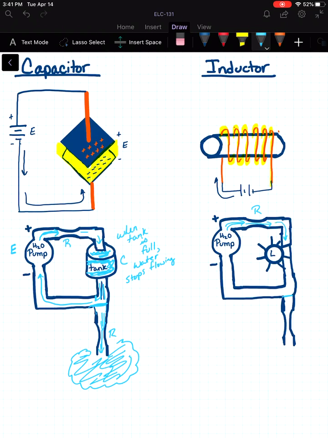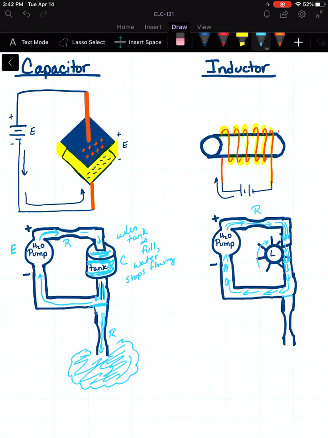If you know how a water wheel works, initially that water is just going to start piling up here until it overcomes the inertia and starts turning that water wheel. Once it starts turning, it'll turn slowly at first, and then after a while, it's going to be turning enough to let all of the water flow through the circuit and back to the pump.